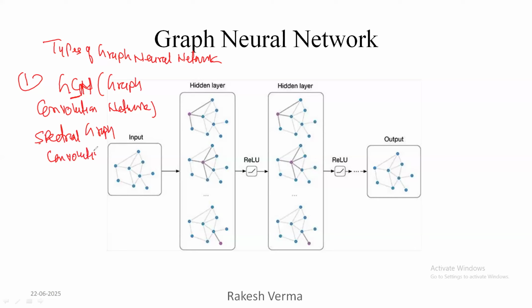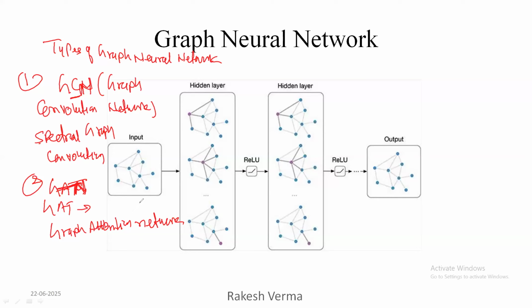Another type is the graph attention network, GAT. It is just like GAN, which is a generative adversarial network, so it is a confusion with the GAT. So it is called a graph attention network.